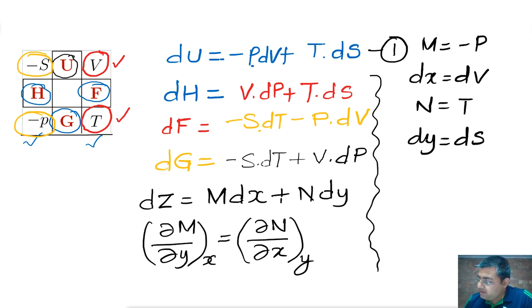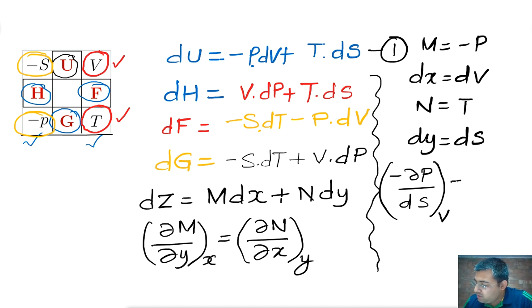Okay, so I'm writing the first Maxwell equation in partial differential form, and this is how you can also derive the partial differential form for the other three equations. I'm just explaining the first one, and that will be all for this session. So dou m by dou y means minus dou p divided by dou s, for constant x. What is x? x is volume v.